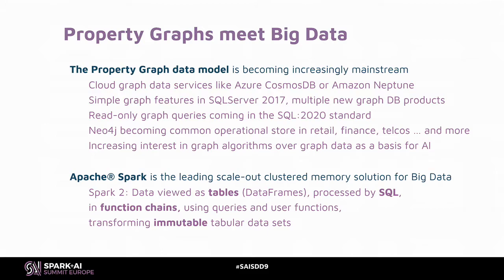And graphs, I think, have become a lot more mainstream over the last couple of years. We've seen graph data services in the cloud, like the Azure Cosmos DB graph features, or Amazon Neptune. Simple graph features appearing in mainstream databases such as SQL Server, and I think we'll see more of that.